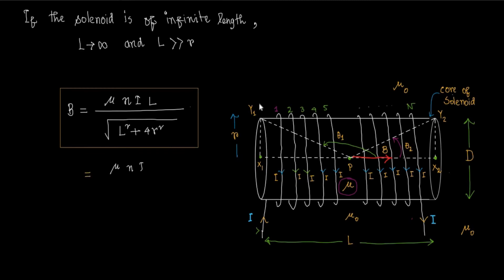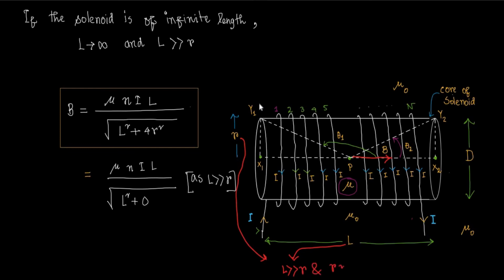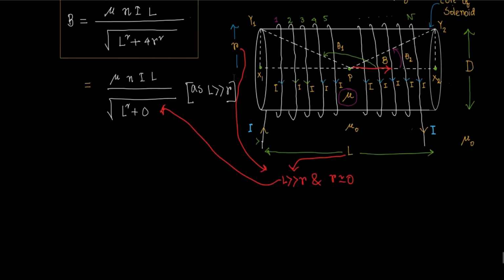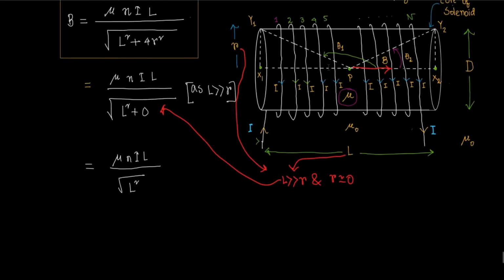Hence, we can write mu NiL divided by root over L square plus 0, where L is much greater than R. That means the length of the solenoid is much greater than the radius R, and R can be assumed as 0 in this expression. Therefore, B will be equal to mu NiL divided by root over L square.